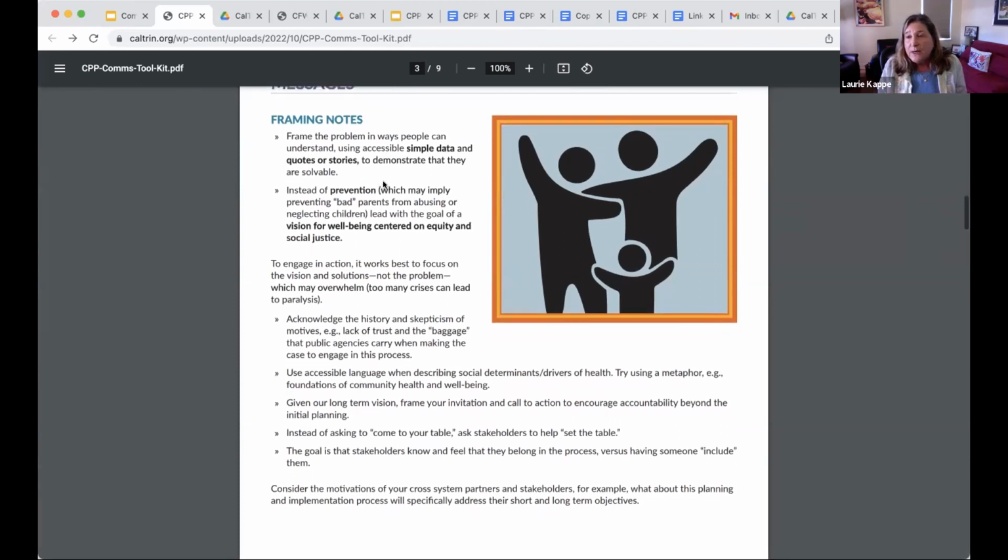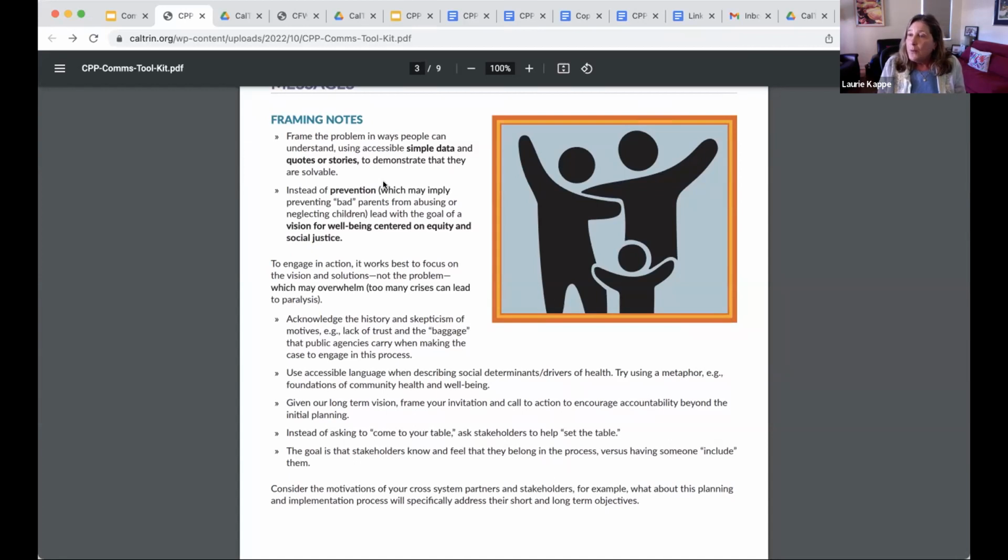And this is just a quick note that also came based on talking to a lot of folks in child welfare in particular. They understand that there's a history and there's some skepticism when somebody from child welfare says, can you come help us set this table? There's some baggage there.